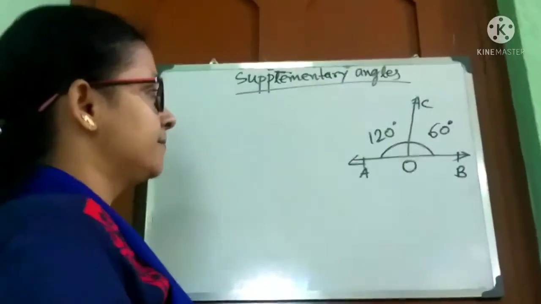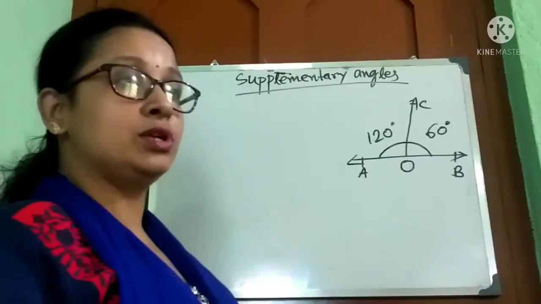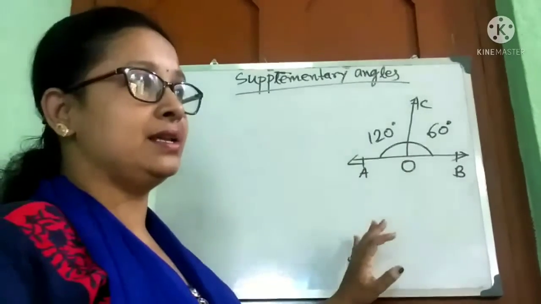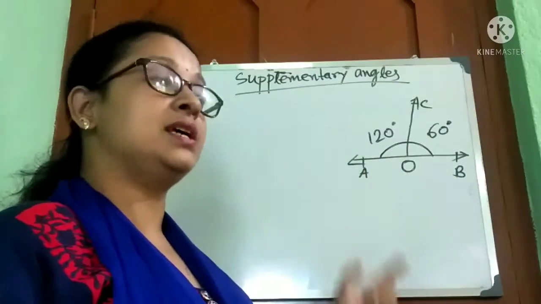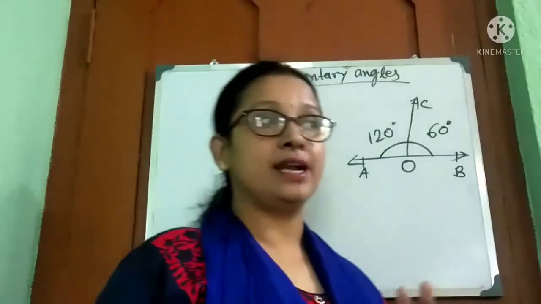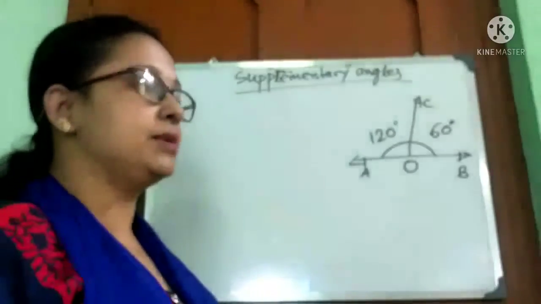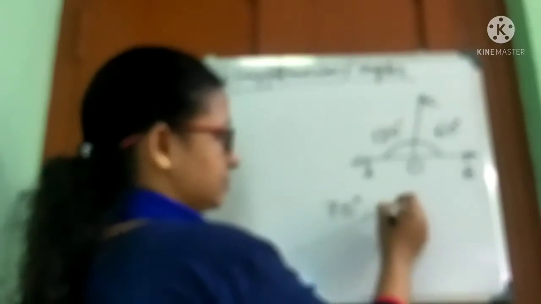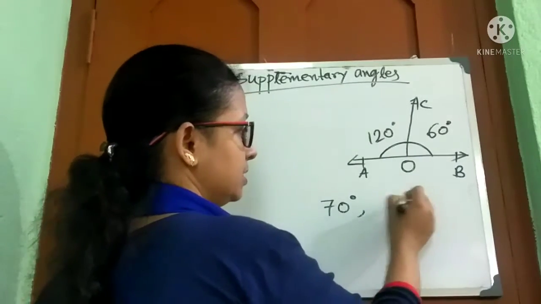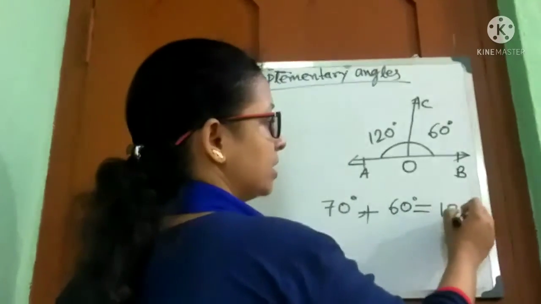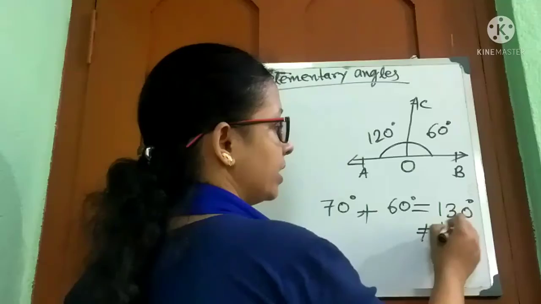You have to remember this: if one supplementary angle is acute, the other will be obtuse. Two acute angles cannot be supplementary, because if you take one of 70 degrees and another of 60 degrees, the sum is 130, which is not equal to 180.